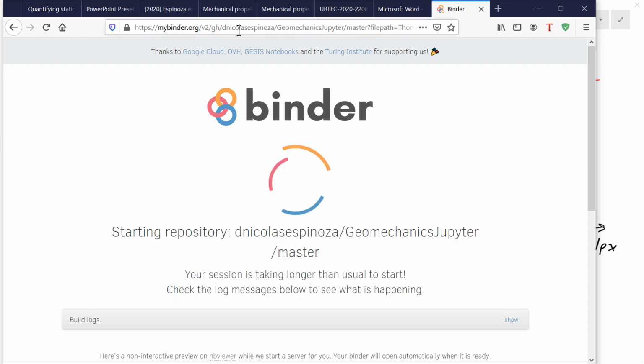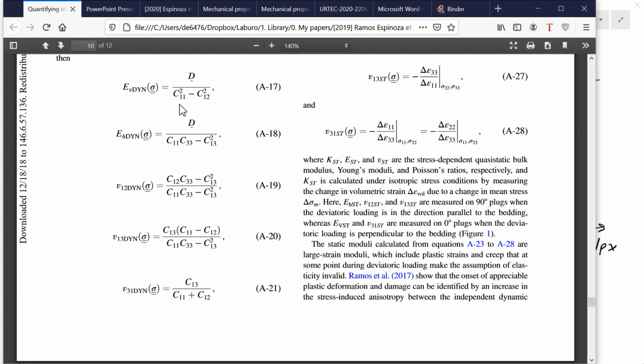Till we wait for that, let's also see some cases of dynamic anisotropy.